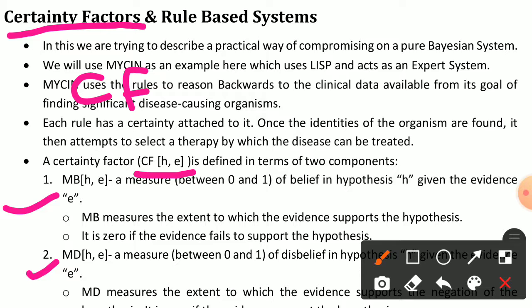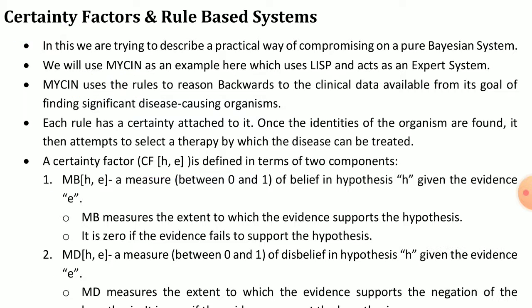First is MB(H,E), a measure between 0 and 1 of belief in hypothesis H given the evidence E. Here we take the hypothesis as H and the evidence as E. So here we can find out the certainty factor of hypothesis comma evidence.